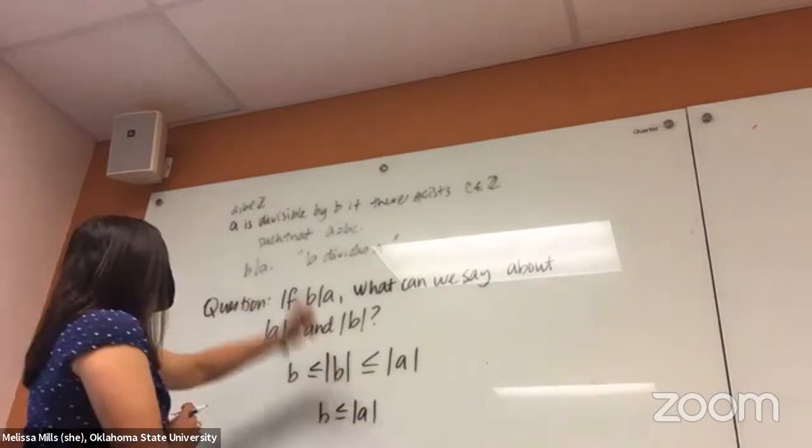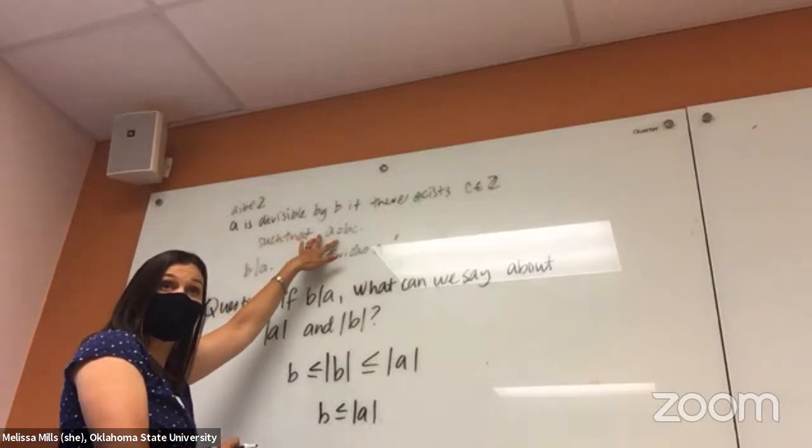Why is that? Well, it's going to go back to this definition that A is equal to B times C, right?